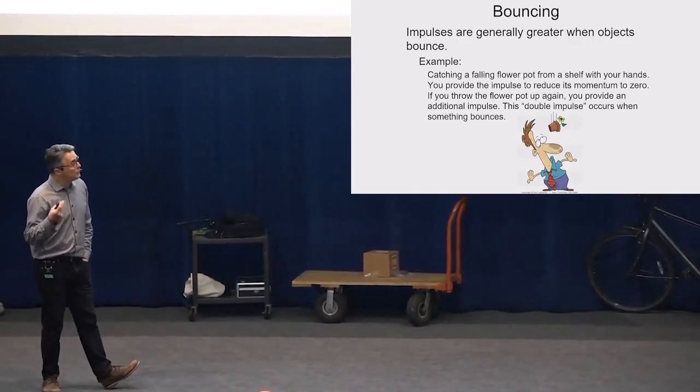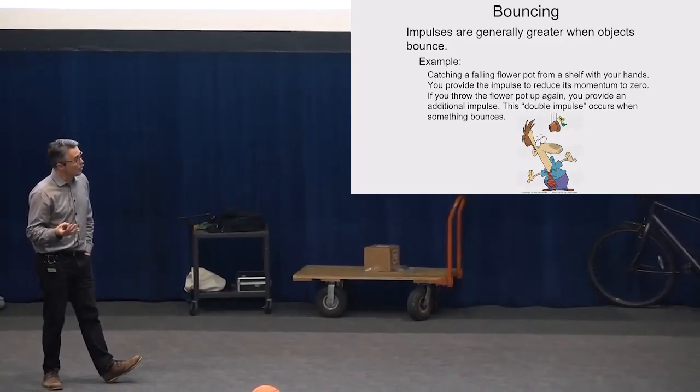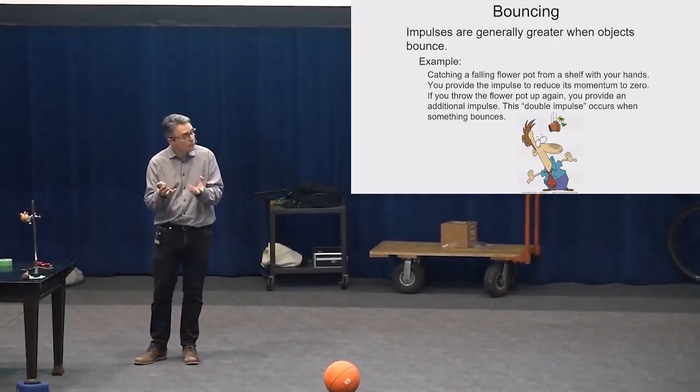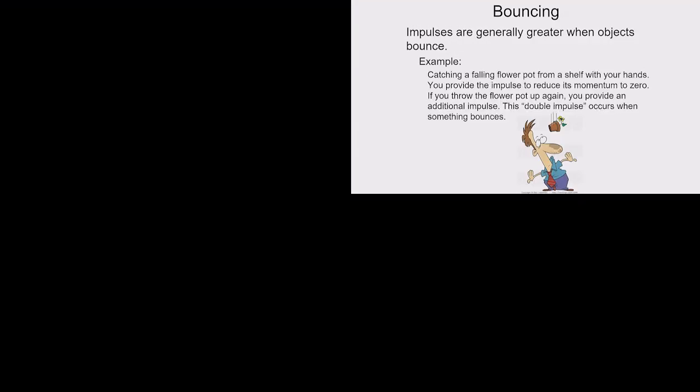So, for example, if you catch a falling flower pot from a shelf with your hands, you provide the impulse to reduce its momentum down to 0.